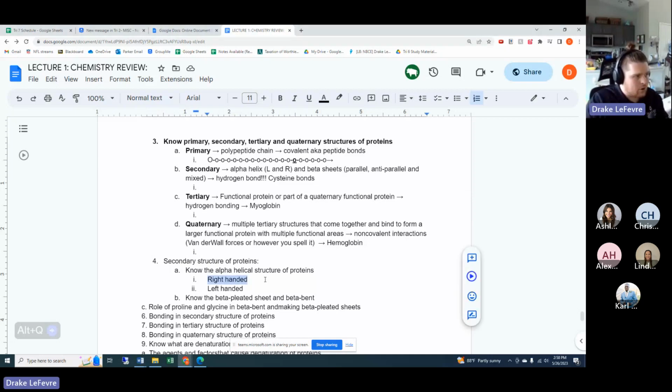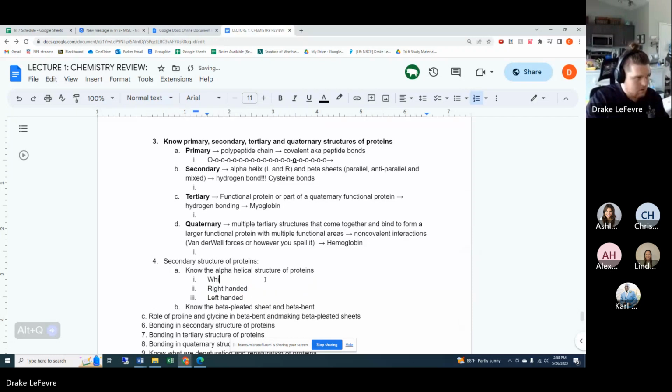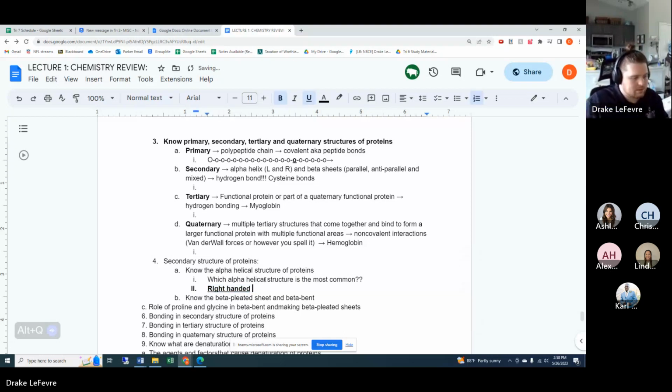You're going to get the question, which alpha helical structure is the most common? The answer is right-handed. Almost all, possibly all, of our alpha helical structures in the body are right-handed, and that's because they are more thermodynamically stable.